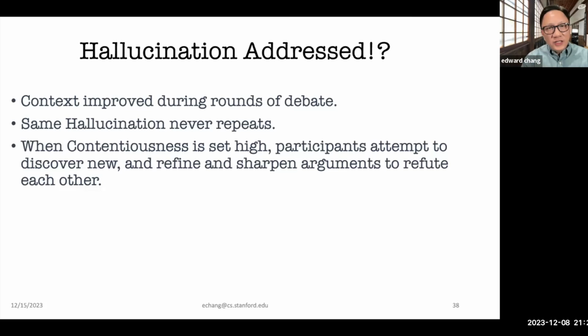Therefore, in statistics, if you don't repeat your bad dreams, you are not going to affirm your bad dream, and in the debate scenario, you'll be refuted very quickly. And with contentiousness very high, participants will attempt to discover new insights. This taps into what we call the unknown, the polydisciplinary potential knowledge pool.